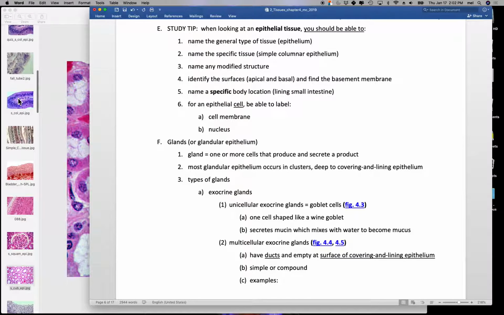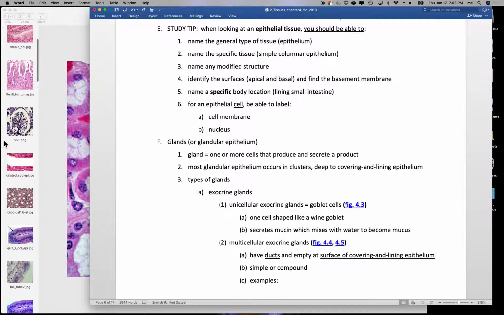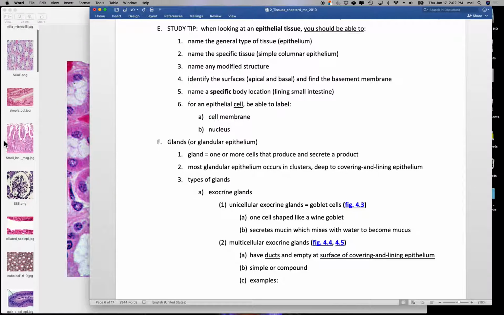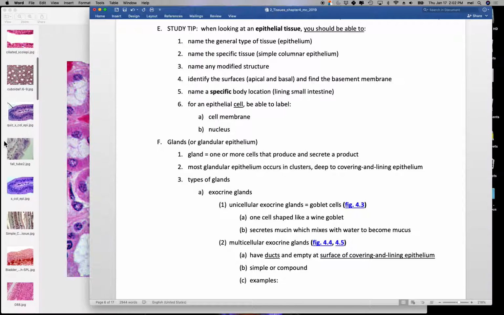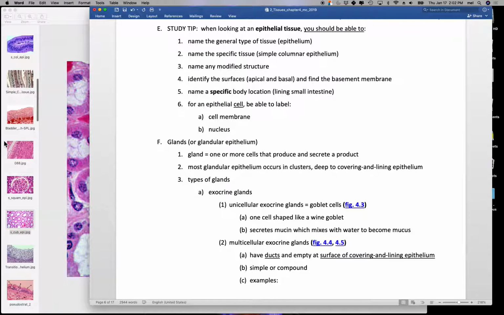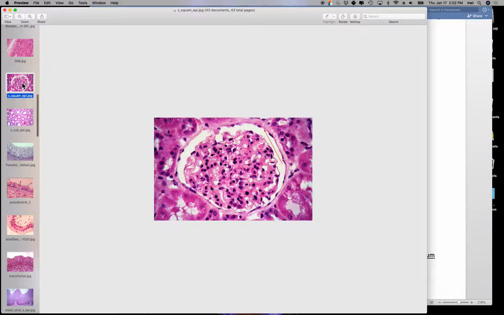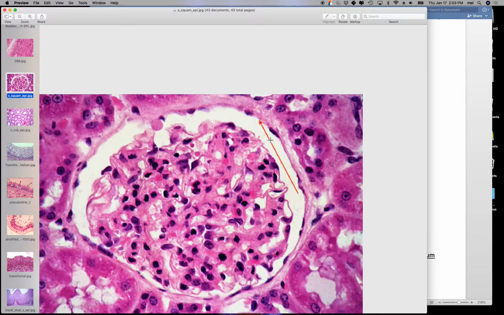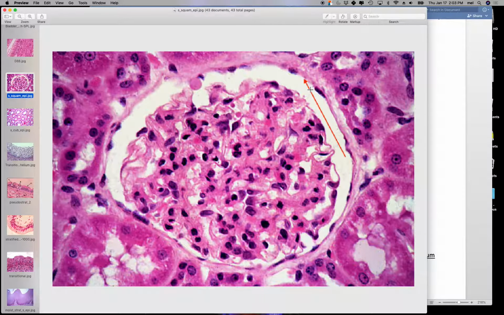Okay, and then apical surface, basement membrane, specific body locations. So let's practice a little bit. I know you guys love specific body locations. It's your fave. Okay, so a specific body location for this tissue with the red. Yeah, the alveoli of the lungs. Anything else? Nope. This is what tissue, by the way?